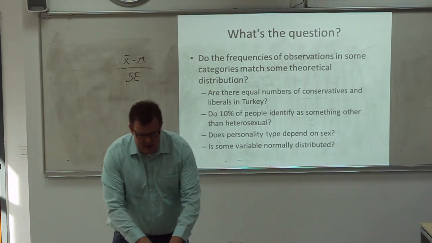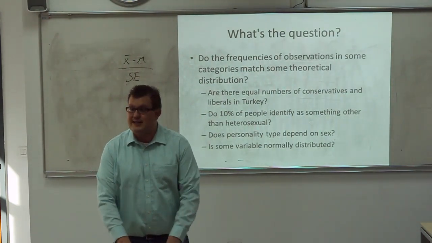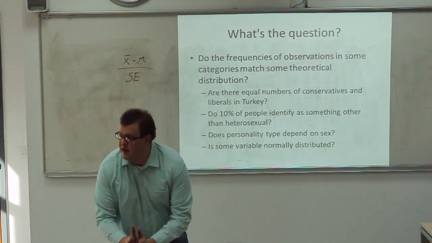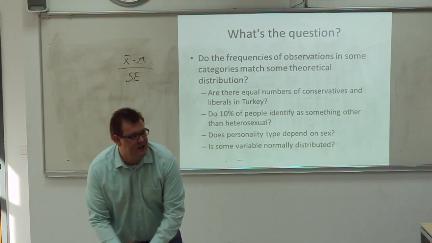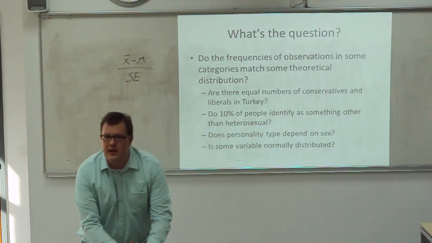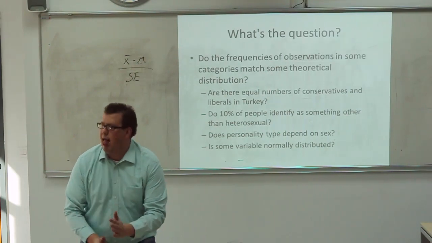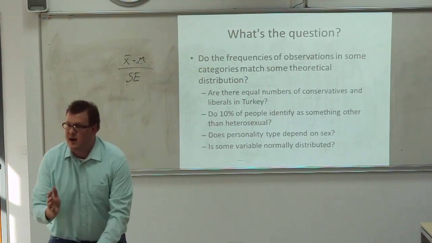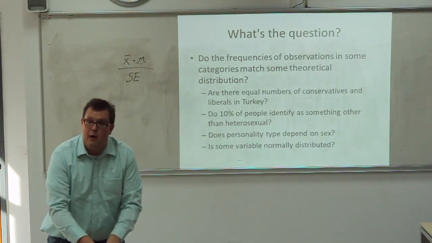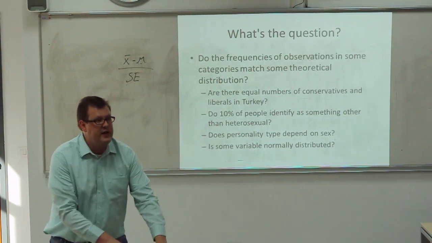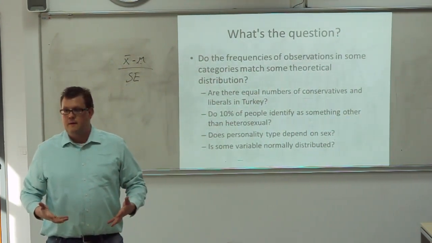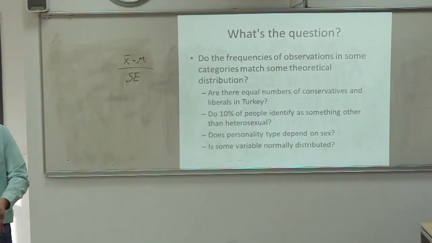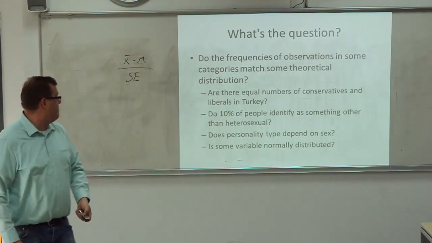Because you know that for a normal distribution, if you standardize it, so many percent of the values should be within half a standard deviation of the mean, and so many should be between half and 1 standard deviation above, and so many should be between 1 and 1.5 standard deviations above. You can make predictions about what the frequencies of observation should be for each of those groups. And then test to see if the data that you actually observed fits into those categories in a way that's predicted by the models.